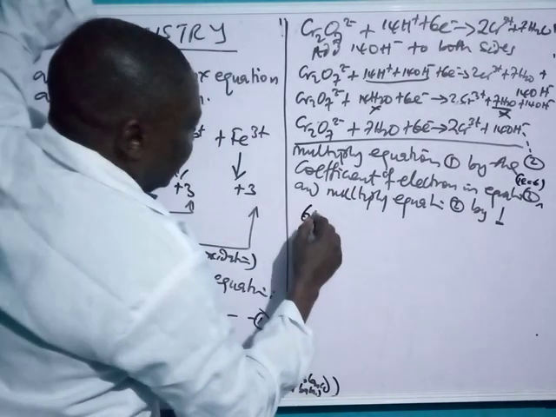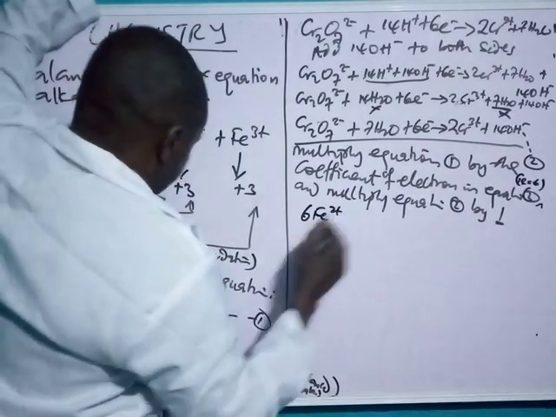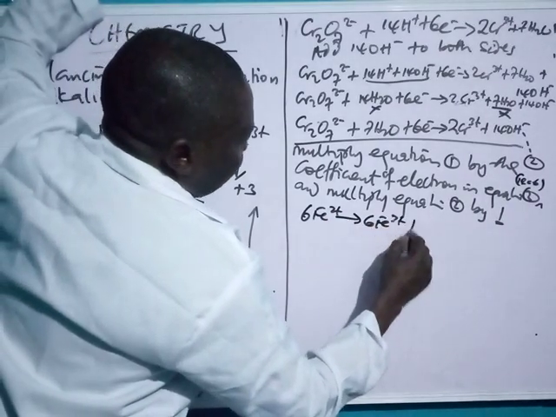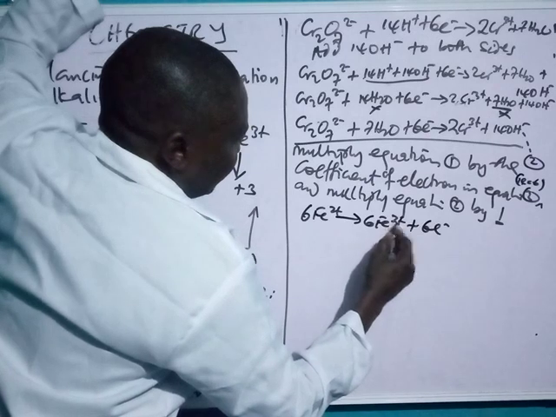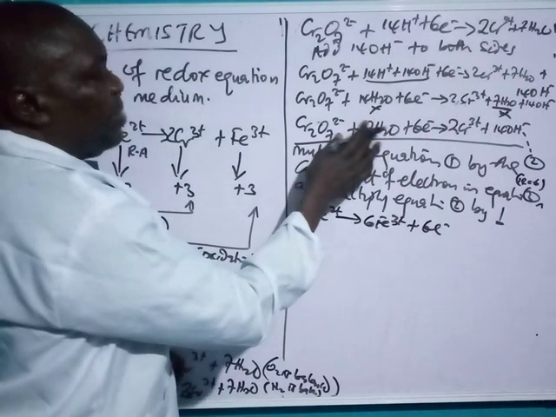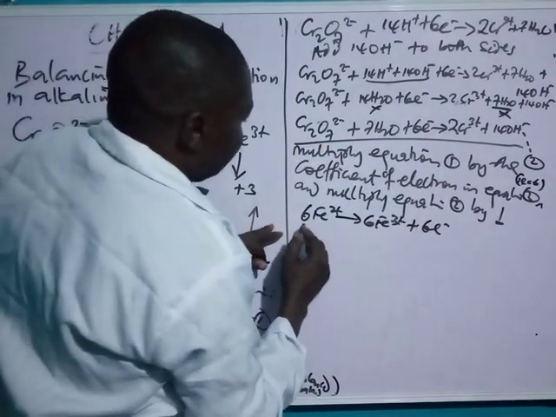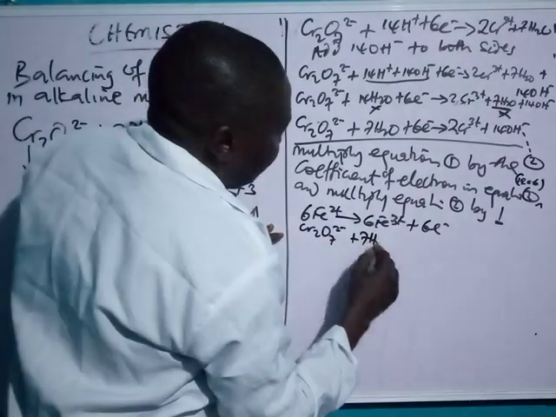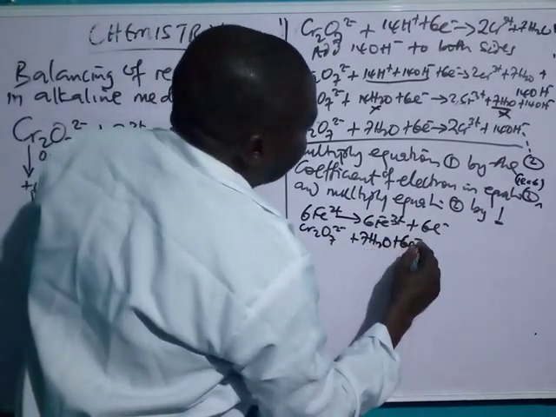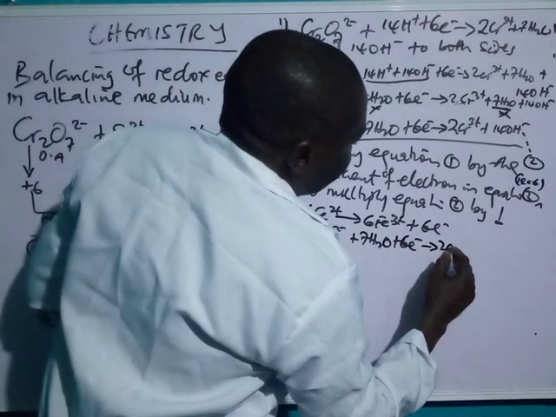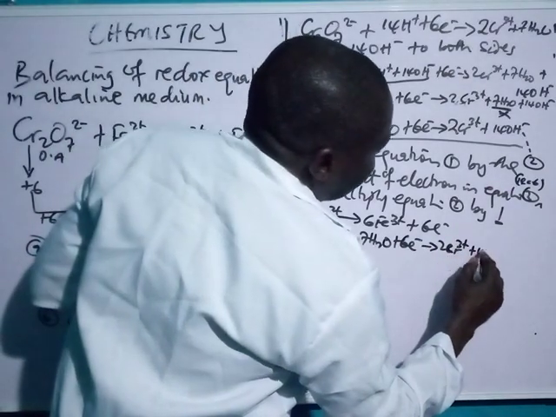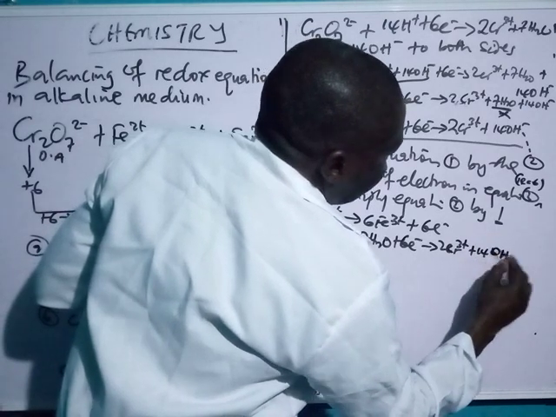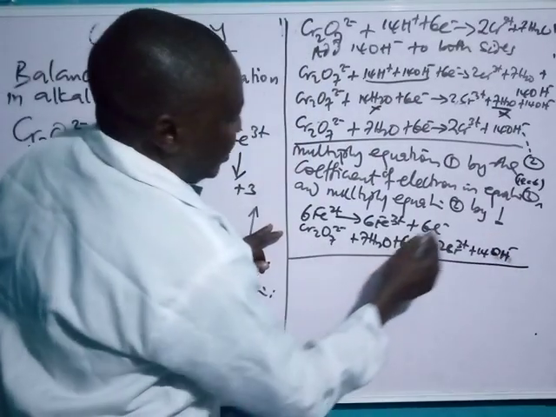You can now have 6Fe2+ giving 6Fe3+ + 6e-. Then the other one, since I'm multiplying by 1, just write it out: Cr2O7 2- + 7H2O + 6e- giving 2Cr3+ + 14OH-. The 6 electrons, we cancel.